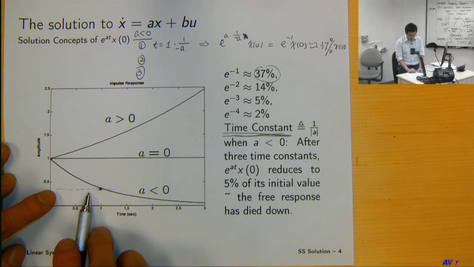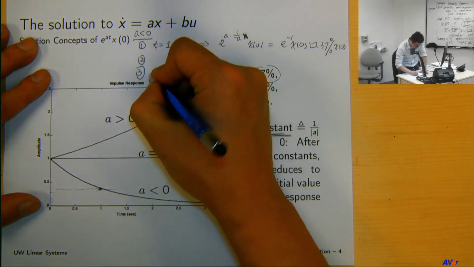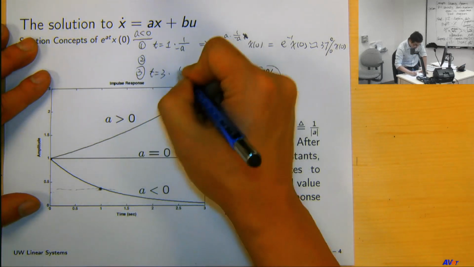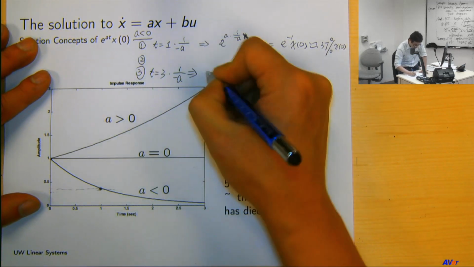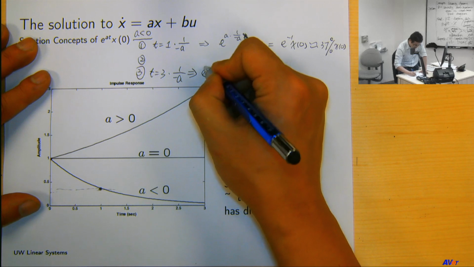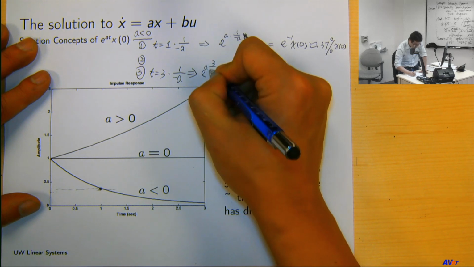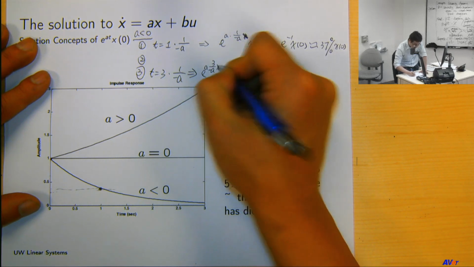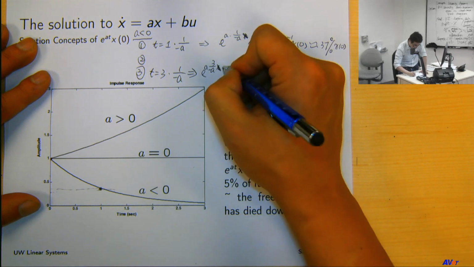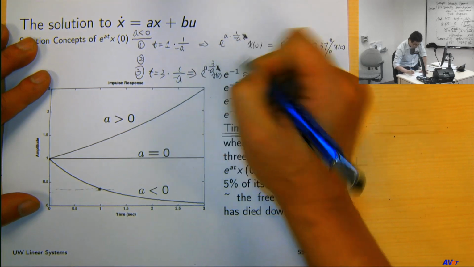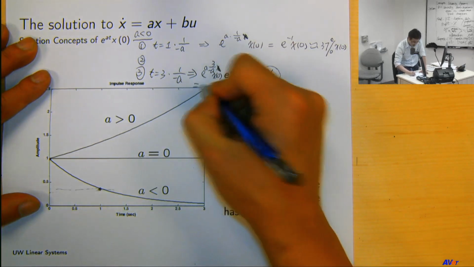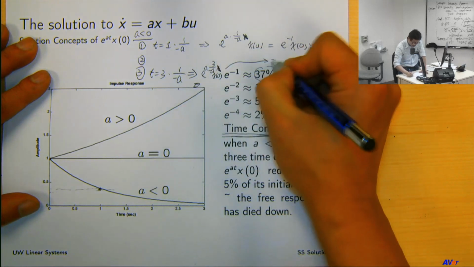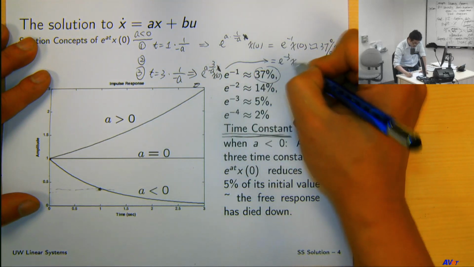A lot of the signal has already decayed. And then if it's 3 times this special number, the time constant, then you get e to the a times 3 over negative a, times x0, which is e to the negative 3 times x0.